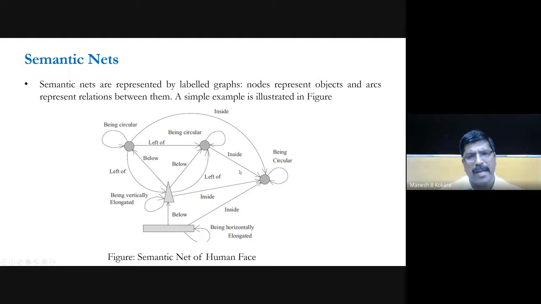That way you can establish the relation between the objects, and it can be represented as a relational data structure in computer vision. So a semantic net is very useful for representing complex things or complex scenes.